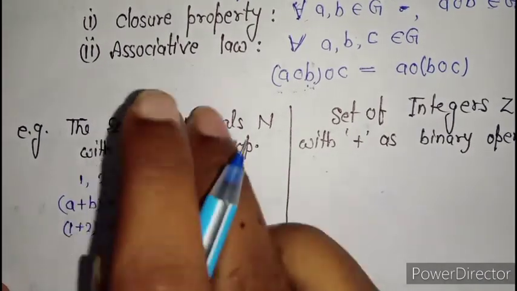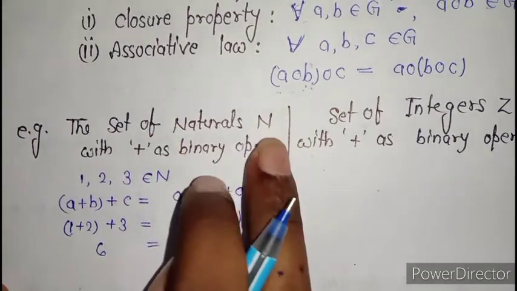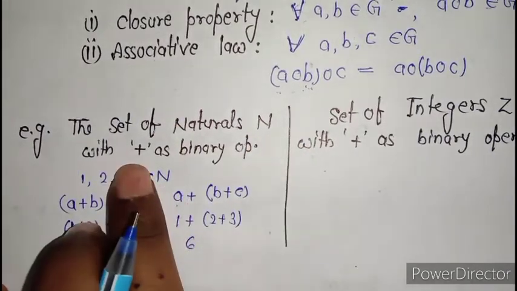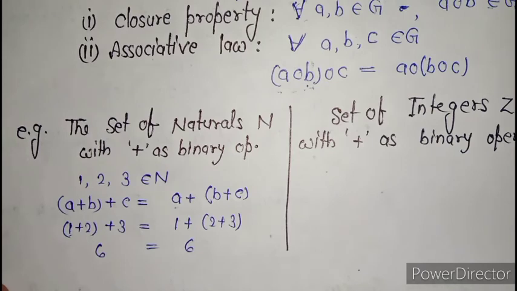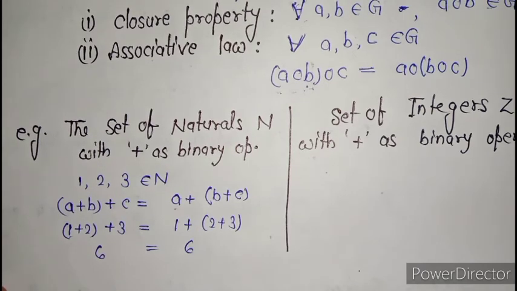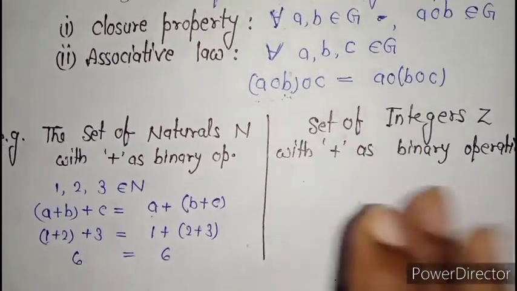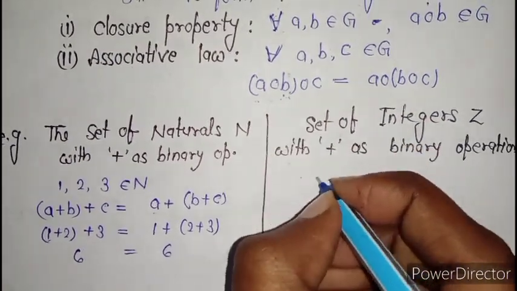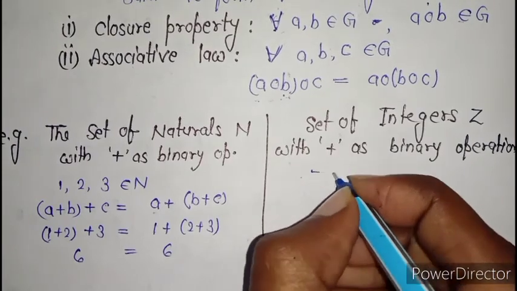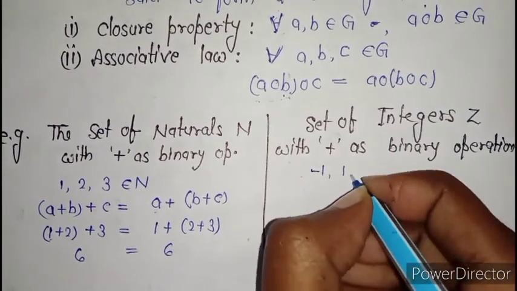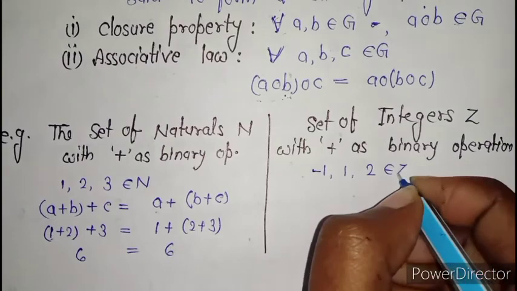So you just understand, if a set satisfies this property with the given binary operation, then that set is said to form a semi-group. Okay. Now the same case arises with the set of integers as well. If we take any three integers, that is, I am taking -1, 1 and 2, these all are integers.